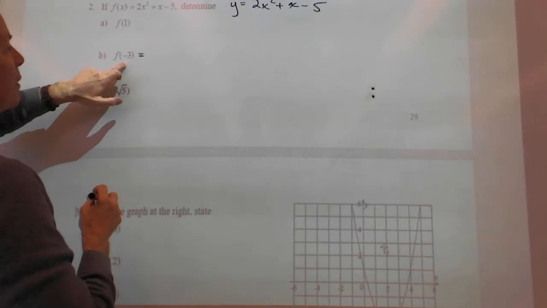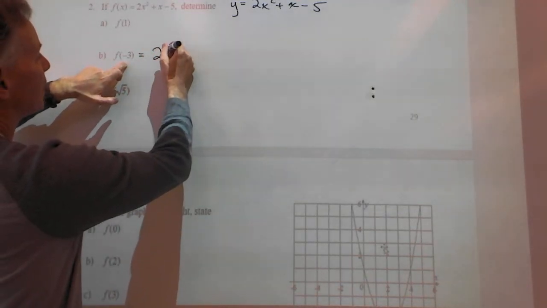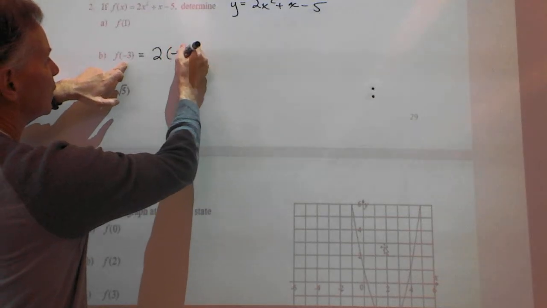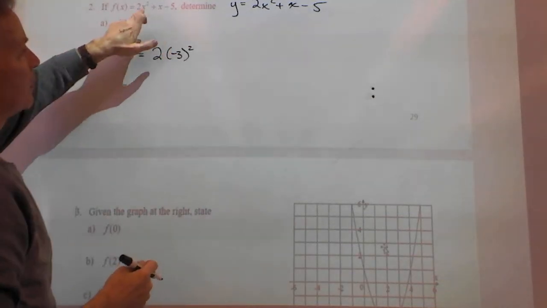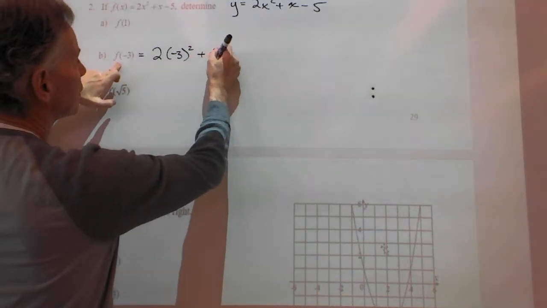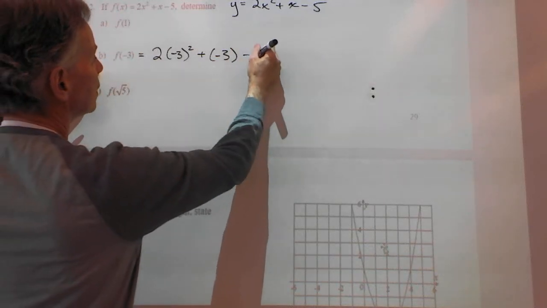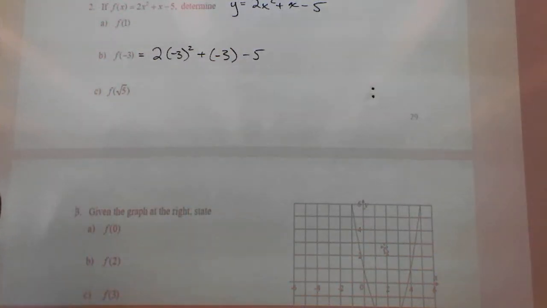So this would become f at negative 3 equals 2 times negative 3 squared, right? Instead of x squared, I have negative 3 squared, plus negative 3, right? There's another x, minus 5. Okay?